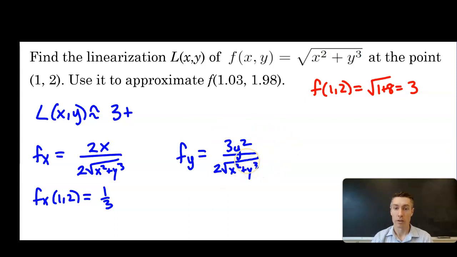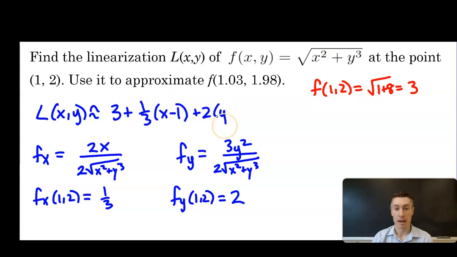I'm doing the chain rule all in this one term as opposed to expanding it out, right? But it wouldn't be any different. So at 1, 2, we'd have 4 times 3, 12. So that gives us a 6 over 3, which is 2. So 1/3 times x minus 1 plus 2 times y minus 2. Okay, so here is our linear approximation.